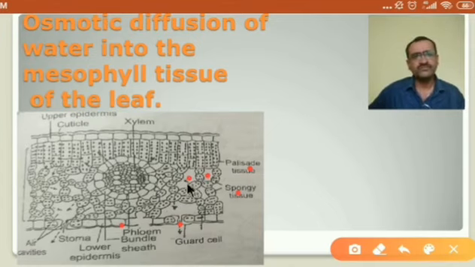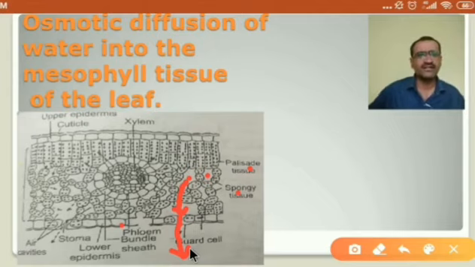From this cavity, the water vapor comes toward the stomata, and through the stomata this vaporized water goes out into the atmosphere. In this way the water vapor comes into the atmosphere.